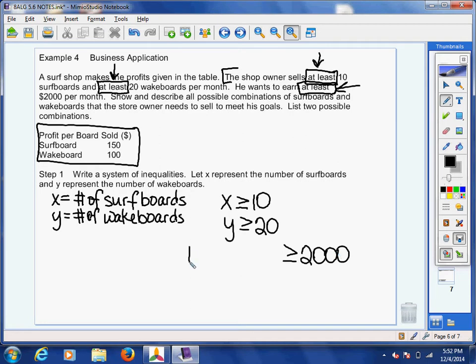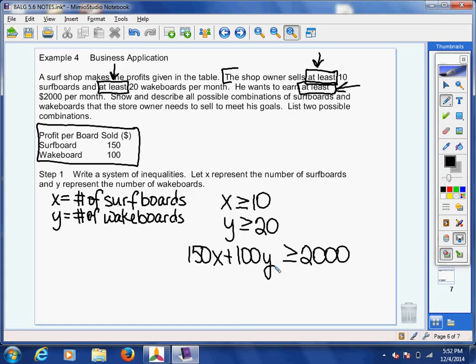We're going to get $150 for every surfboard, and we're going to get $100 profit for every wakeboard. So that is your system of inequalities. You're going to have 3 in this particular group, not just 2 like we've been working with the entire chapter, but 3 this time, okay?